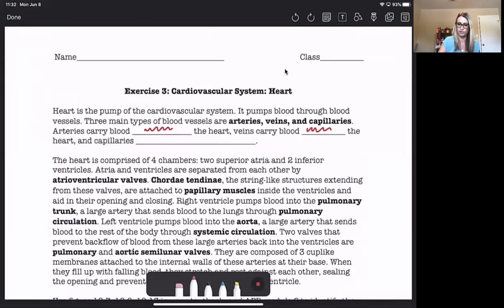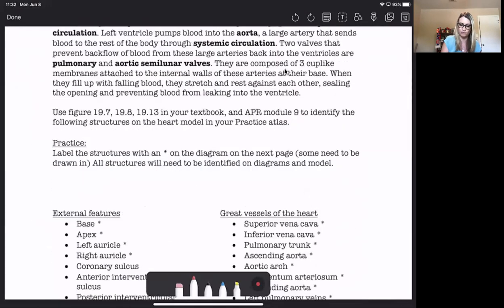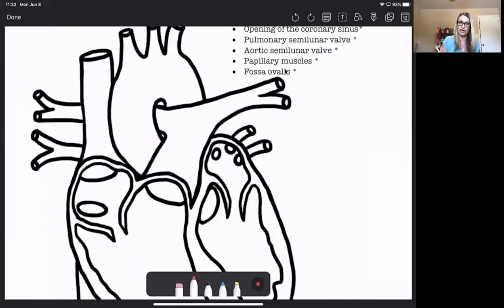Oops, sorry. Don't know why we just jumped back there, but okay. Anything with an asterisk needs to be labeled in here. There are a few things that are not on this diagram. You will have to draw those in. For example, I'm asking you to label fossa ovalis.